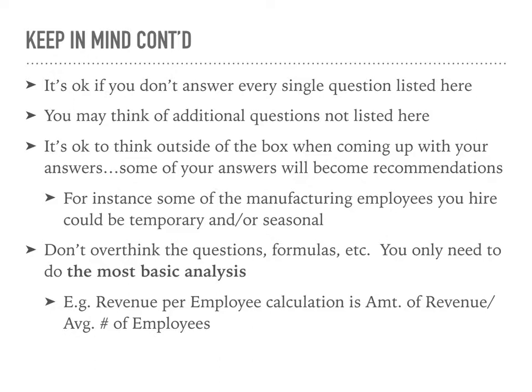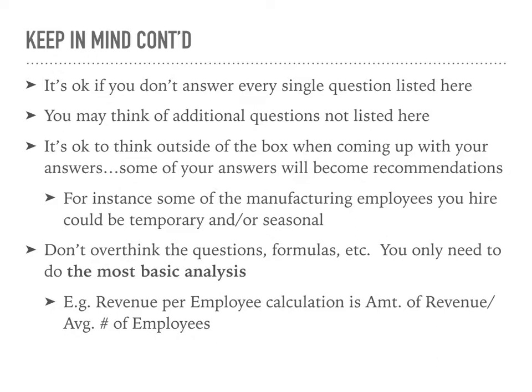Again, the revenue per employee calculation is basically just the amount of the revenue divided by the average number of employees for whatever period you're looking at. So for 2018, it's total revenue divided by 96, which is what we consider the average number of employees would be. That's what the current headcount is. So use that as the average for the entire year of 2018.